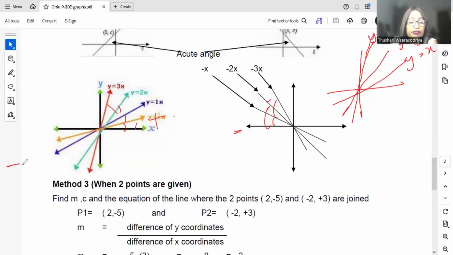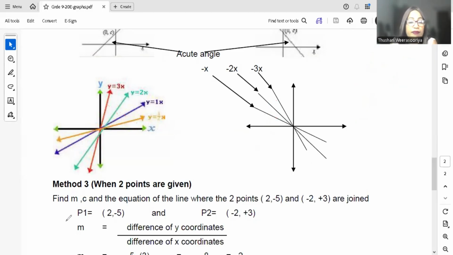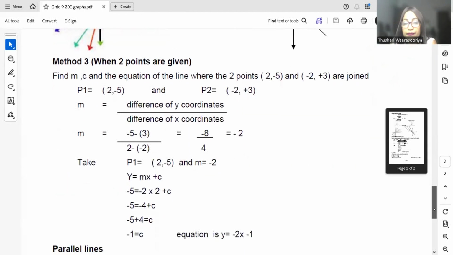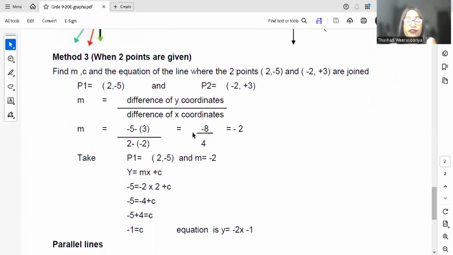Method 2 is by using given points. Right? I don't take the same example. I'll take a separate example. Right. Okay. Now look at this example. Find m, c and the equation when 2 points are given. That means no equation, no graph.